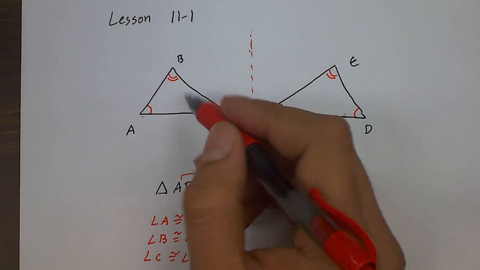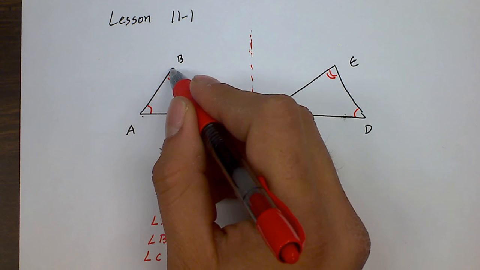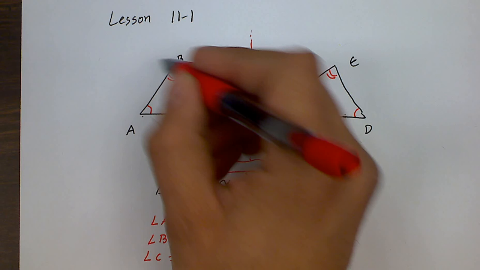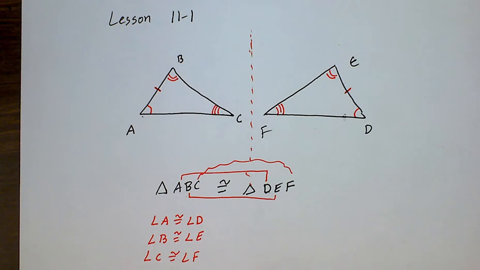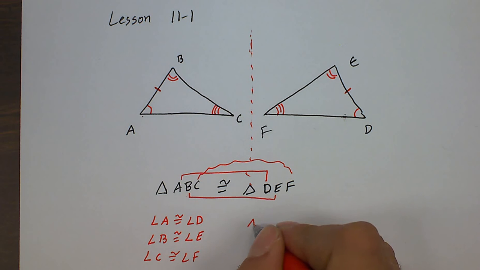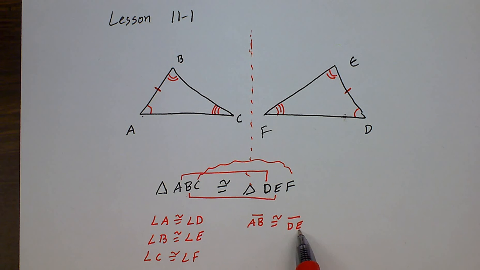If we're on the coordinate plane, we can use the Pythagorean theorem to find the distance of each segment, and we note that these two segments are congruent. So we're going to say that AB is congruent to segment DE. Again, the way you write things matters. A is congruent to D and B is congruent to E, based on what we just did before.